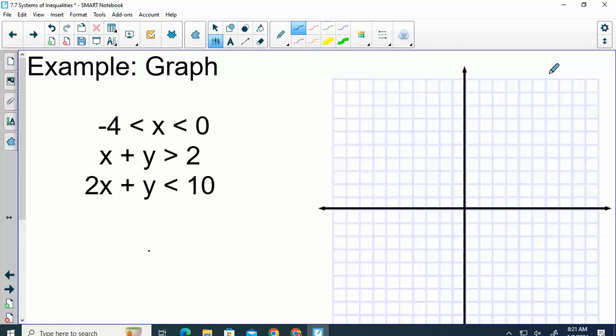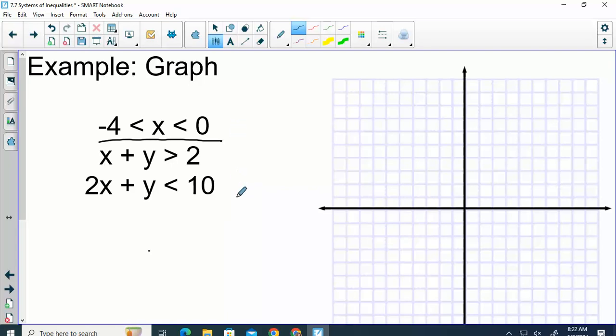So if I am looking at this one, what would we do to graph this first one? It's between 4 and 0, between these two things. Yeah, it's between these two.